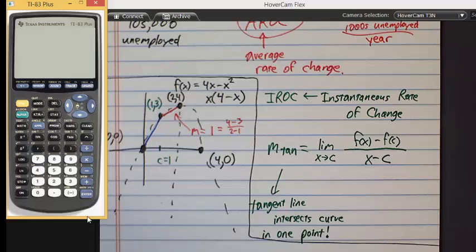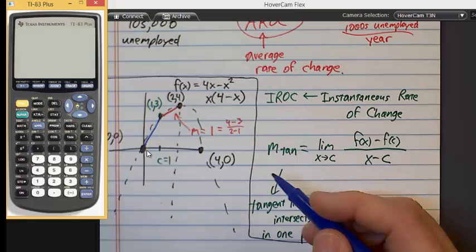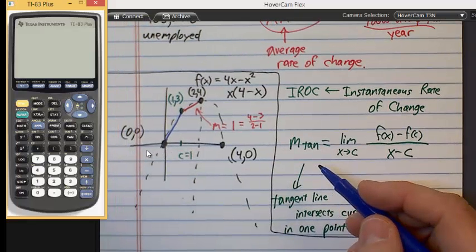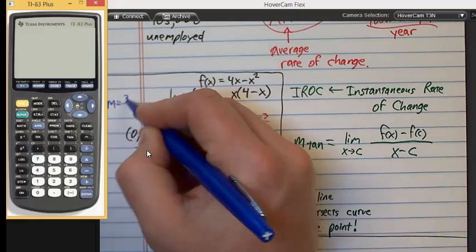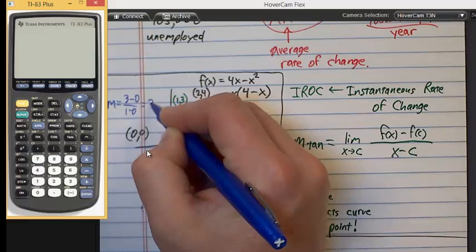You have to talk. From (0, 0) to (1, 3). You got 3 minus 0 over 1 minus 0. Did you get 3 for that slope?